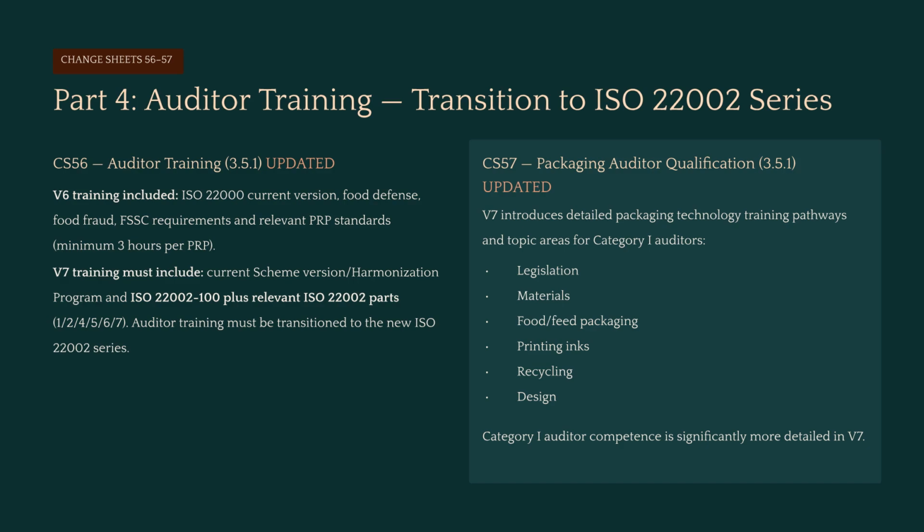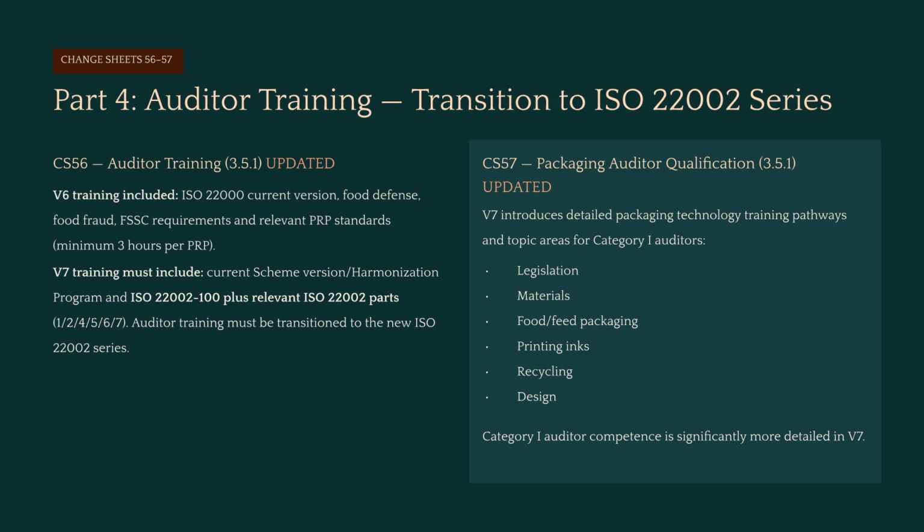In version 6, auditor training included ISO 22000, food defense, food fraud, FSSC scheme requirements, accreditation requirements, and training in the relevant PRP standards. The PRP standards in V6 were based on the old ISO TS 22002 series and PAS 221, depending on the category.